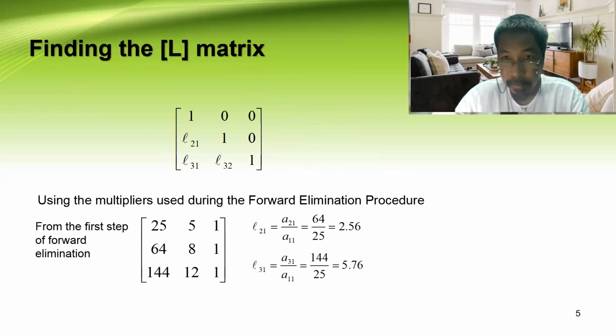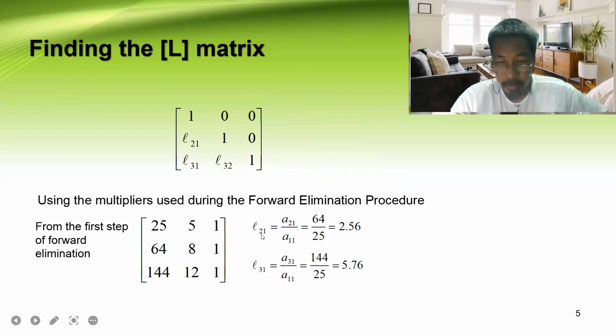How about finding the lower triangular matrix? Take note, we use the multipliers used in forward elimination. So we have the multipliers. The first one is 2.56. Remember, that is the second row, first column. So this is the second row, first column, a row-column combination.